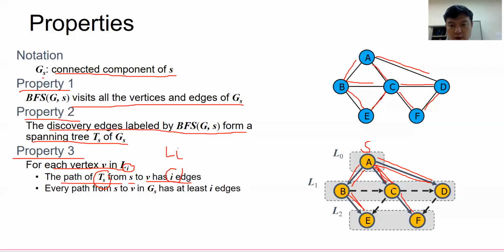Okay, so you will know how many steps you will go to the last node. And every path from S to V in GS has at least I edges. Every path from S to V from any path, for any spanning tree, it will have 2 edges. Okay, so that's the meaning by Li.